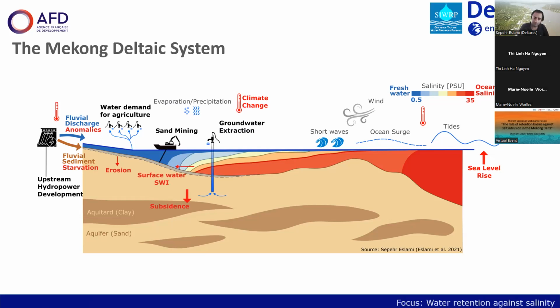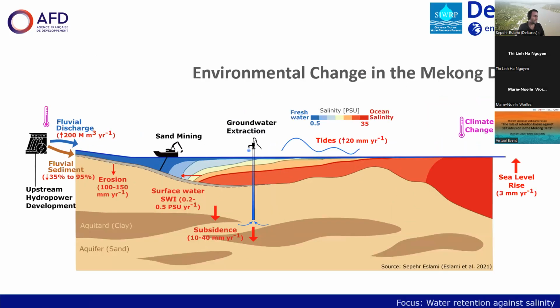There's also groundwater extraction in the delta that results in land subsidence and also contributes to salt intrusion. And of course, we also have the topic of salt intrusion in the groundwater system, and groundwater extraction can also contribute to that.